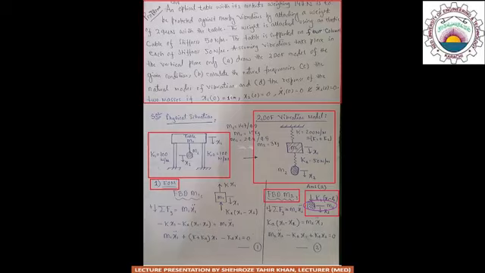So after applying the conditions of equilibrium on mass m2, we get summation Fy is equal to m2 x2 double dot, and Ka into (x1 minus x2) is equal to m2 x2 double dot, or m2 x2 double dot minus Ka x1 plus Ka x2 is equal to 0, and we may call this equation 2. So equation 1 and equation 2 are the two equations of motion for this 2 degree of freedom system.